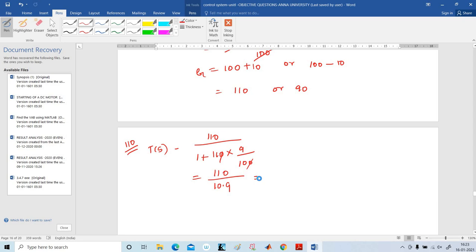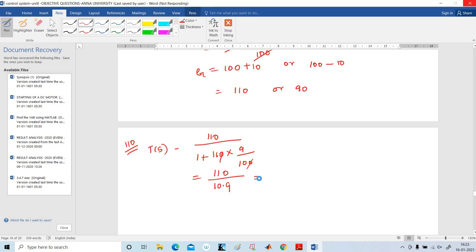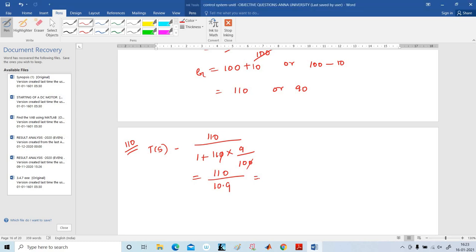I have to use the calculator here to find out. 110 divided by 10.9, so that is equal to what? 10.091. Can we write the 10.091 as 10.1? So what is 10.1?